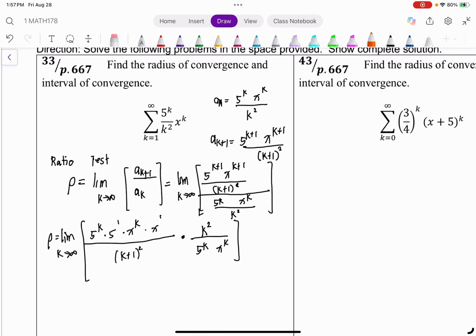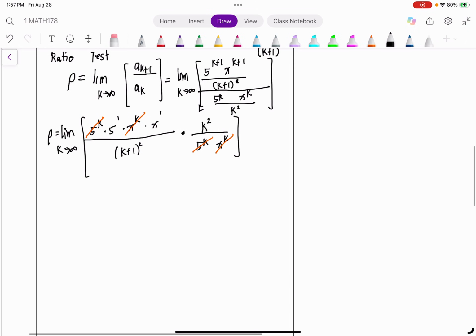So we can divide 5 raised to k by 5 raised to k, x raised to k by x raised to k. So we will now be left with ρ equal to the limit as k approaches infinity of 5x k squared over k plus 1 squared.